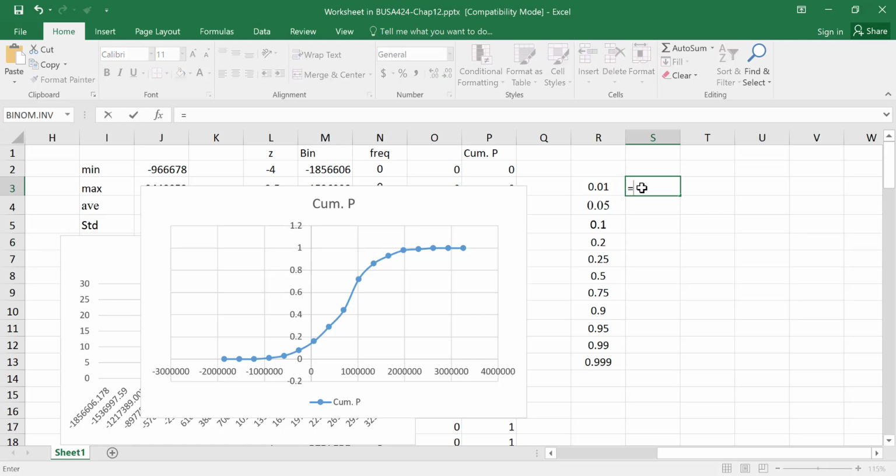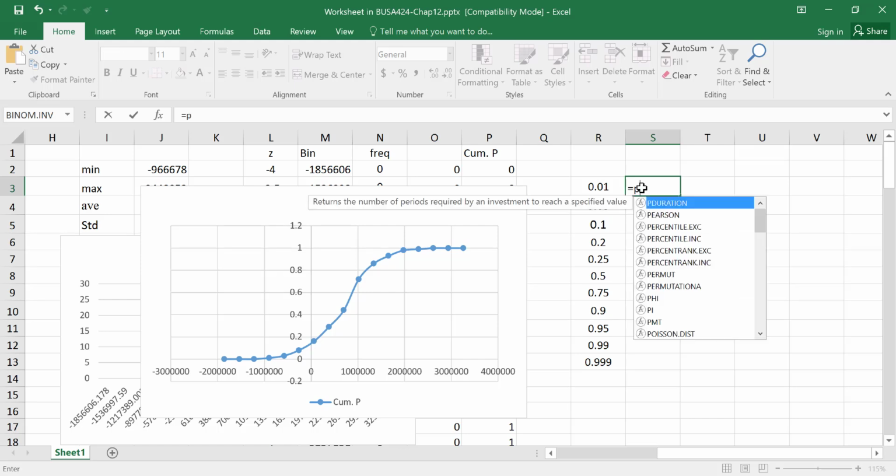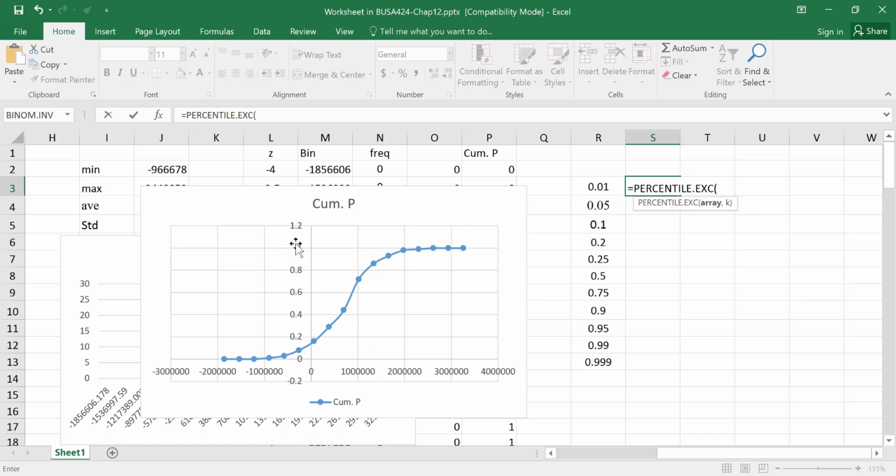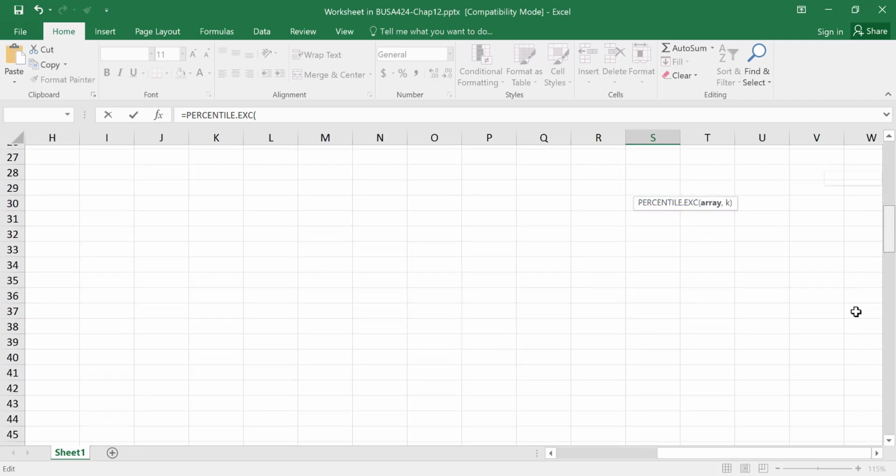So here we can find the percentile, which means how many of these values are smaller than these values.